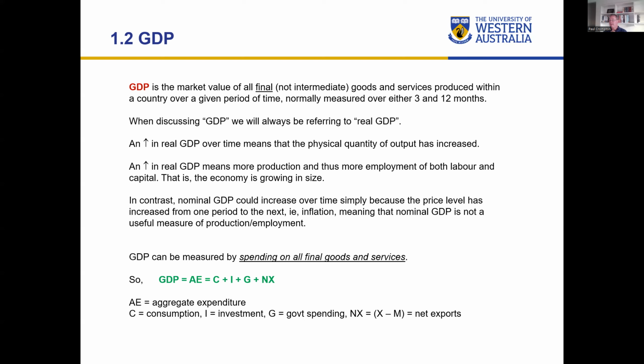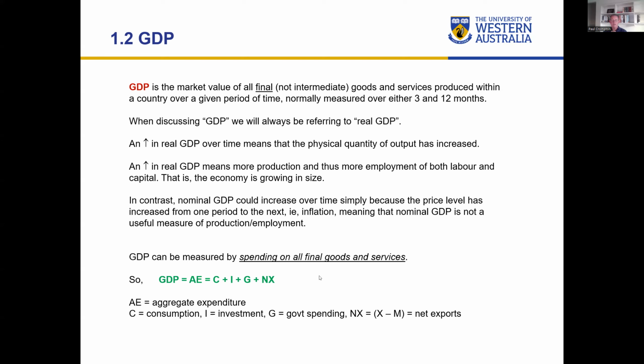If you're a business and you import a piece of capital equipment from Germany worth $10,000, then that $10,000 will be included under investment expenditure, but then it'll be subtracted because that $10,000 is included in the variable M, imports. So once again, the piece of capital equipment from Germany is not an Australian final good or service, so it's not included in Australian GDP. It is included in two categories, I and M, but it just cancels out.